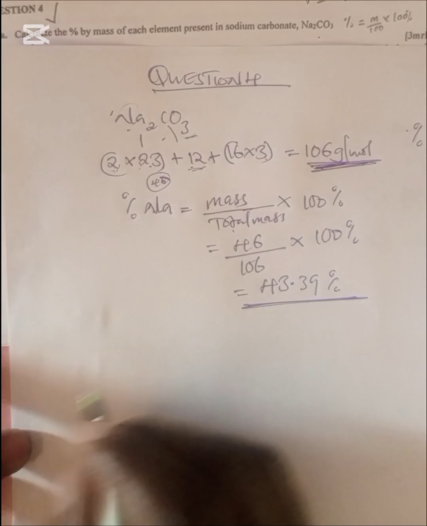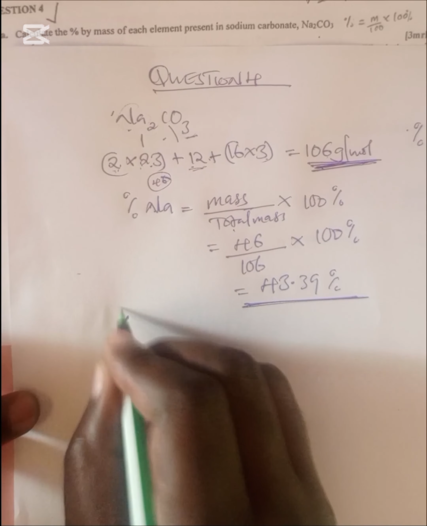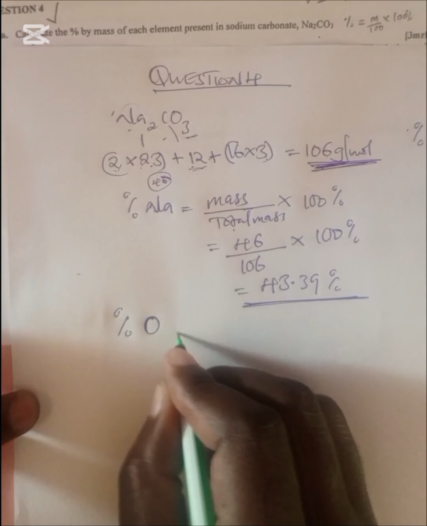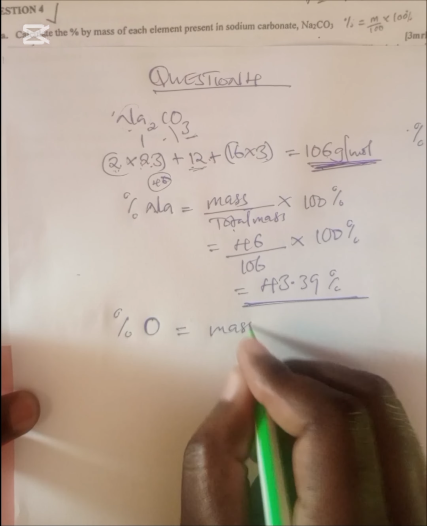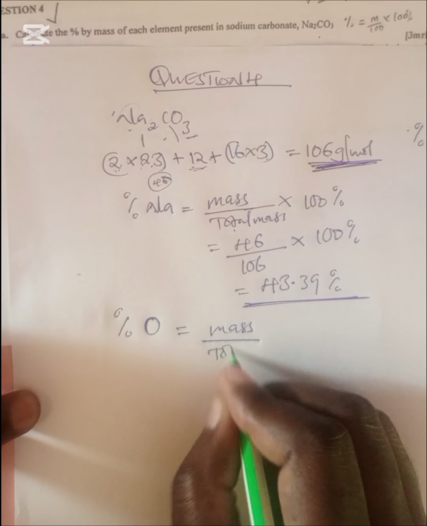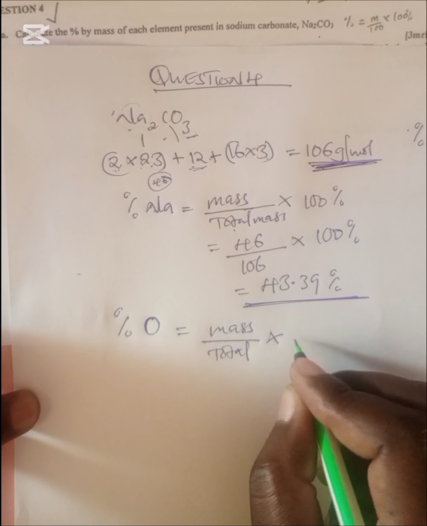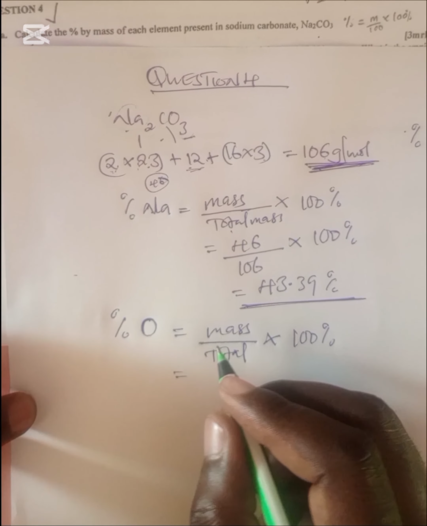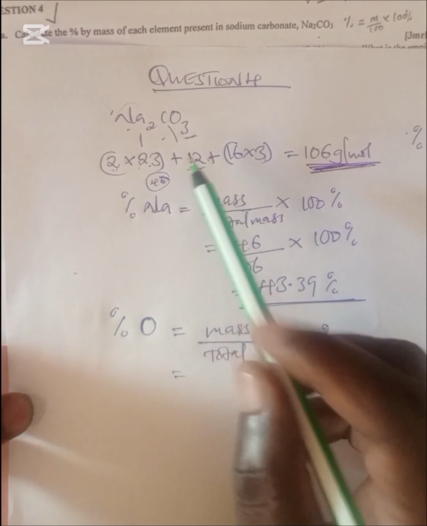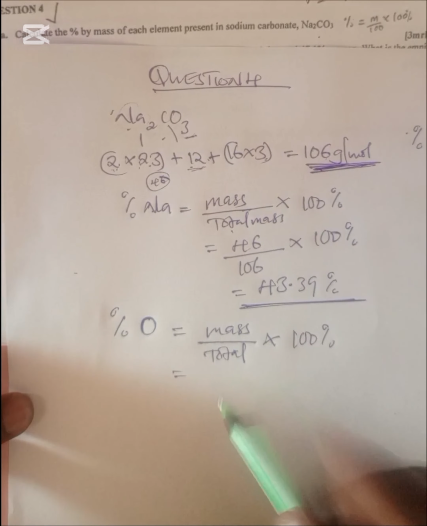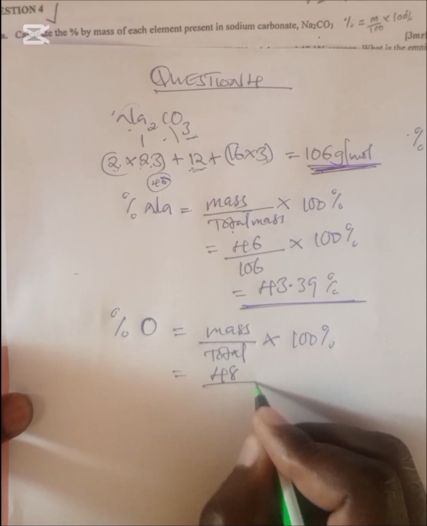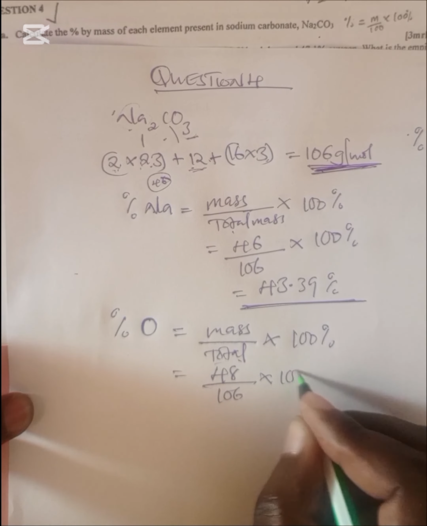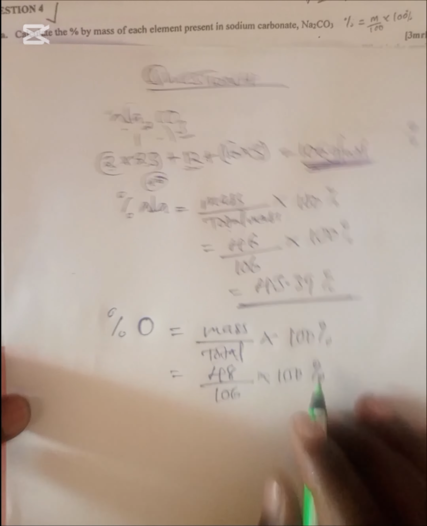And then the other element is oxygen. So we're going to look at oxygen as well. The percentage of oxygen is equal to mass over total mass multiplied by 100%. Our mass for oxygen is simply 16 by 3, 48. So we're going to put 48 here over the total mass, 106, multiplied by 100%.